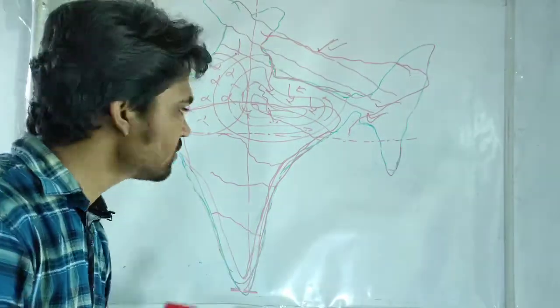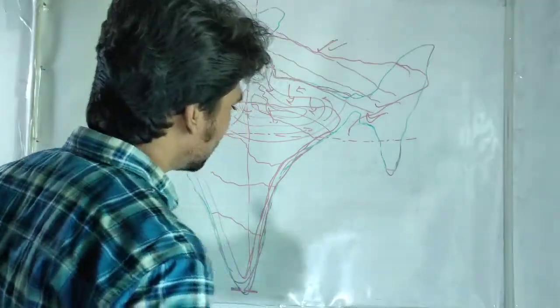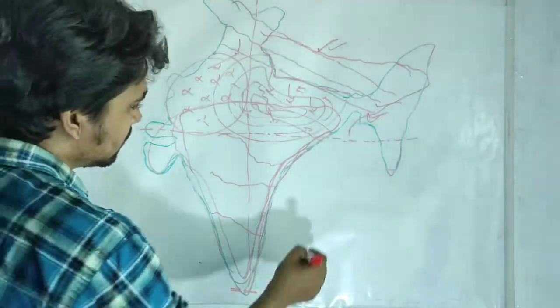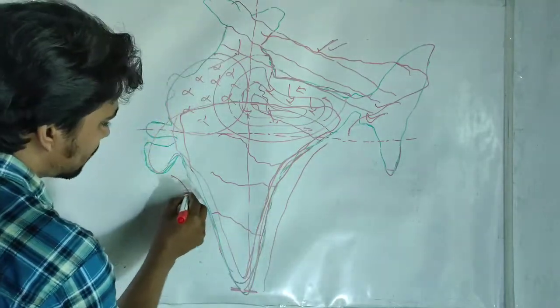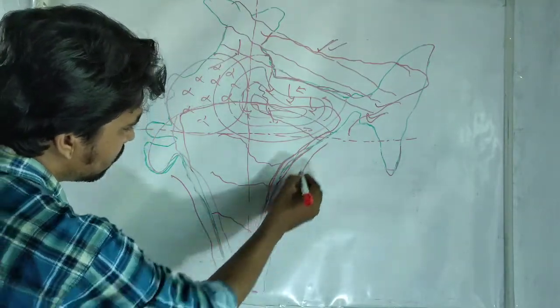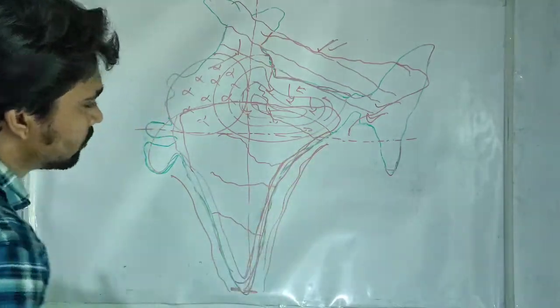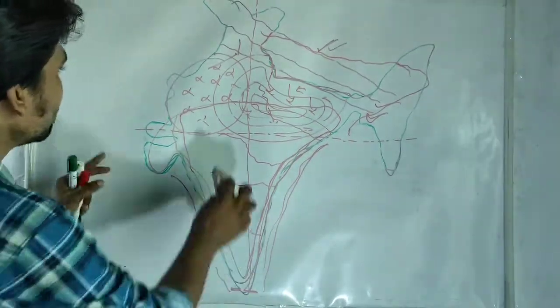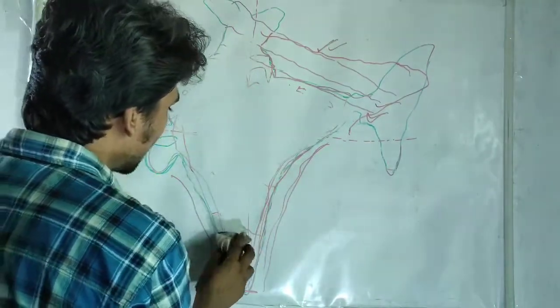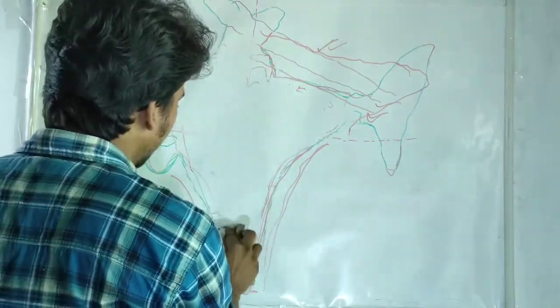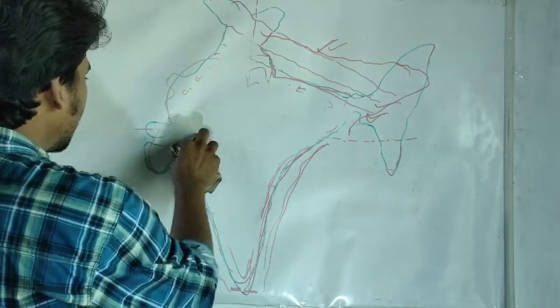Friends, the last one is coastal areas. Coastal areas are those areas which are found near the ocean lines. India has two major and most important coastal areas.